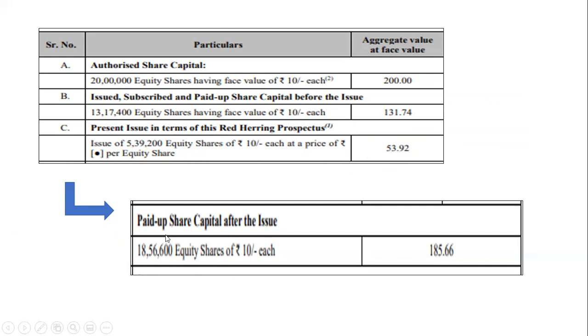As a result of this new issue plus the existing issued capital, the paid up capital after the issue will become 18,56,000 shares of rupees 10 each, increasing from 13,17,000.